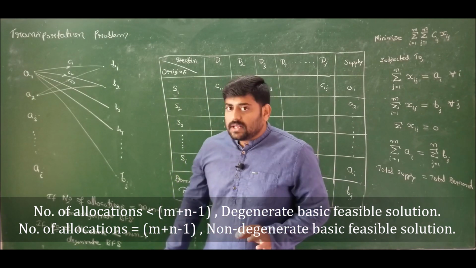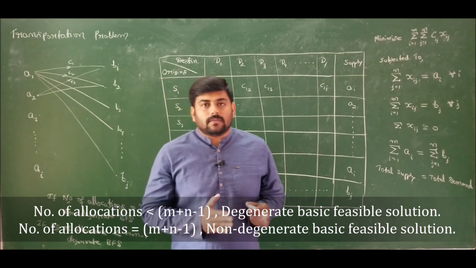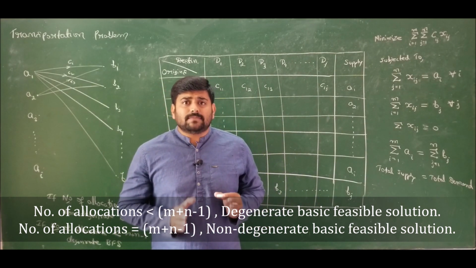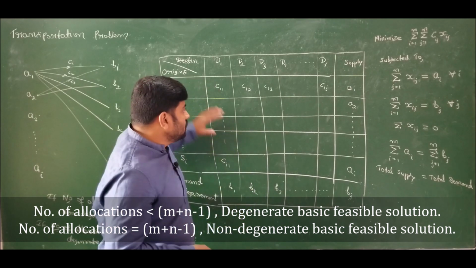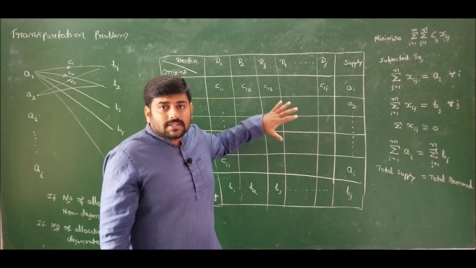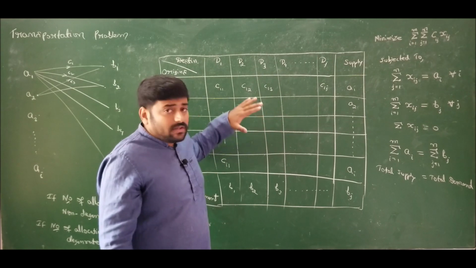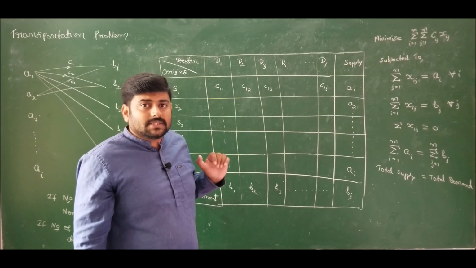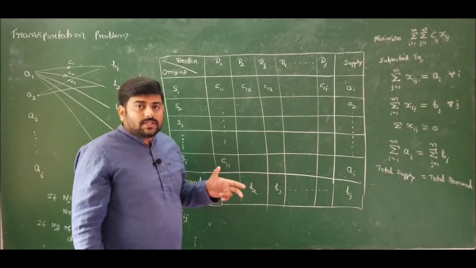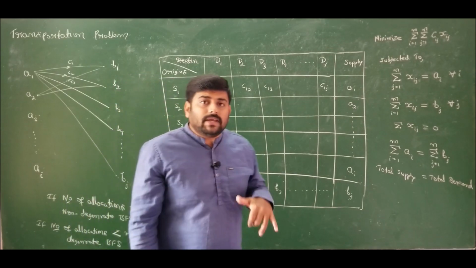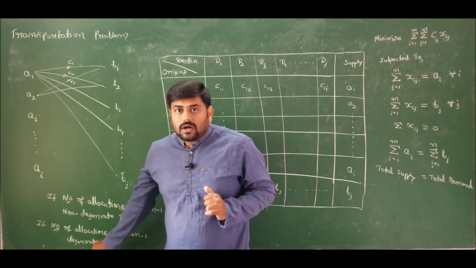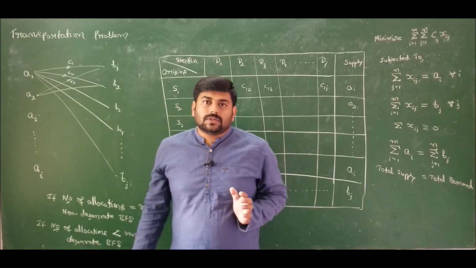Now, in case of transportation problem, we will be solving the transportation problem in 2 steps. In step 1, we will be determining the basic feasible solution. That is, we will do some allocations by using some techniques, and will reduce the deficiency of the transportation problem, which is nothing but the feasible solution. It might be basic, it might not be basic feasible solution. It might be non-degenerate or degenerate basic feasible solution.